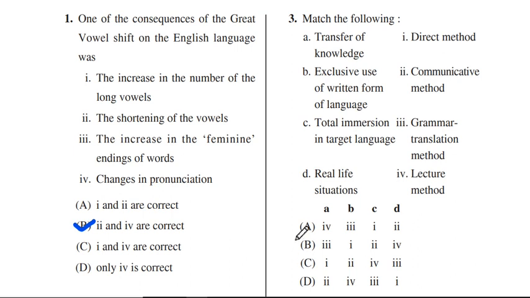For this, the correct answer is A. That means transfer of knowledge is the lecture method, exclusive use of written form of language is the grammar translation method, then total immersion of target language is the direct method, real life situations is the communicative method.